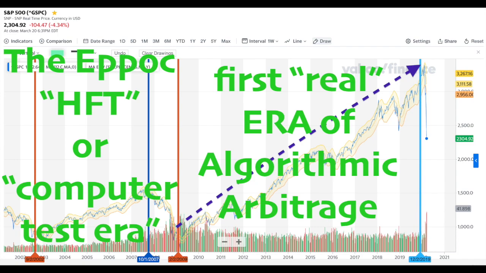You can see that in the volume in this chart around 2000 to 2007. And then after 2007 to 2020, it basically doubles the volume, right? So that's maybe half of that. Let's say even 75% of this is probably due to computers trading, right?